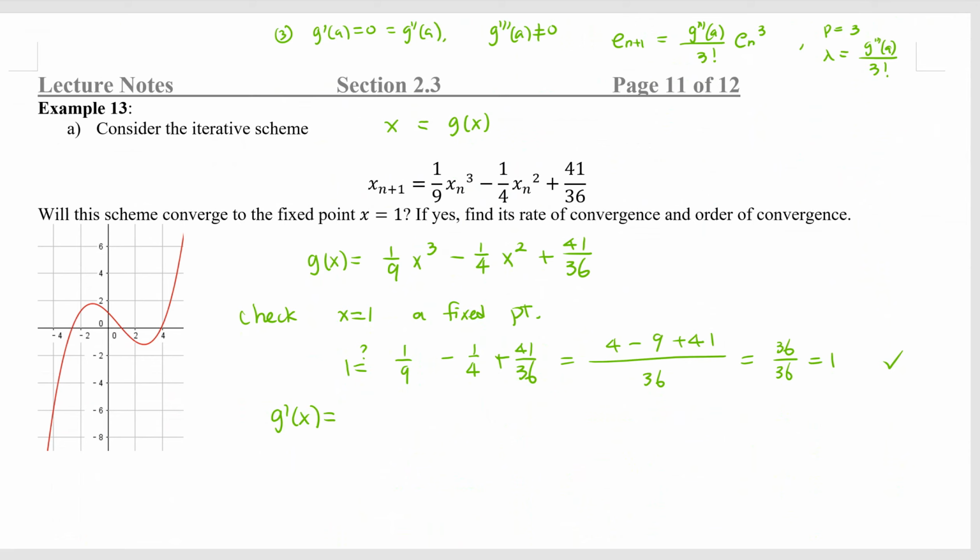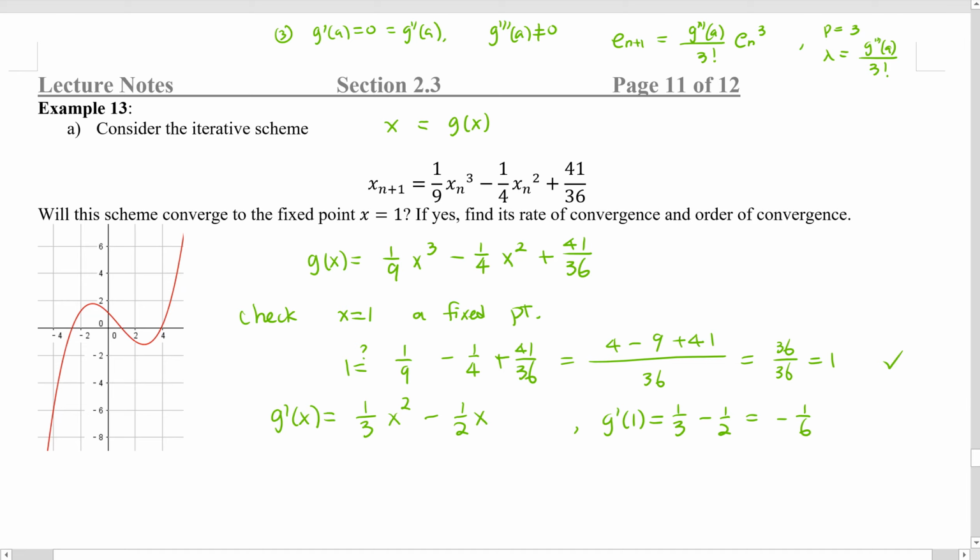Well, we get 1 over 3 x squared, and when we multiply by 2, this is 1/2 x, and the derivative of the constant is 0. So what's g prime of 1? We plug in 1, we get 1/3 minus 1/2. So the answer is minus 1 over 6. So far so good, everybody.